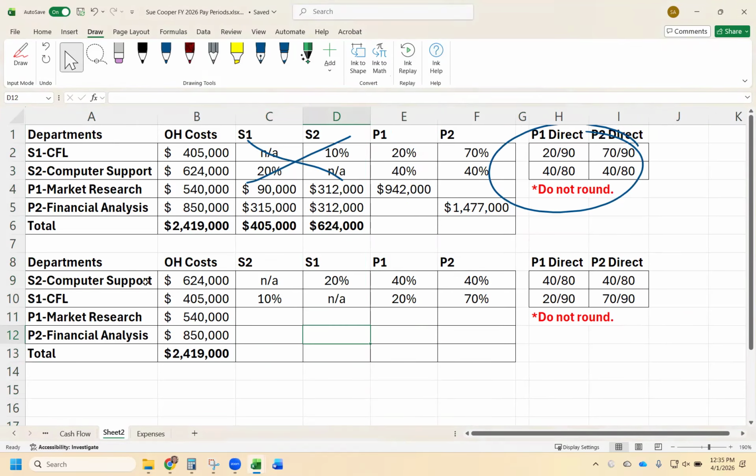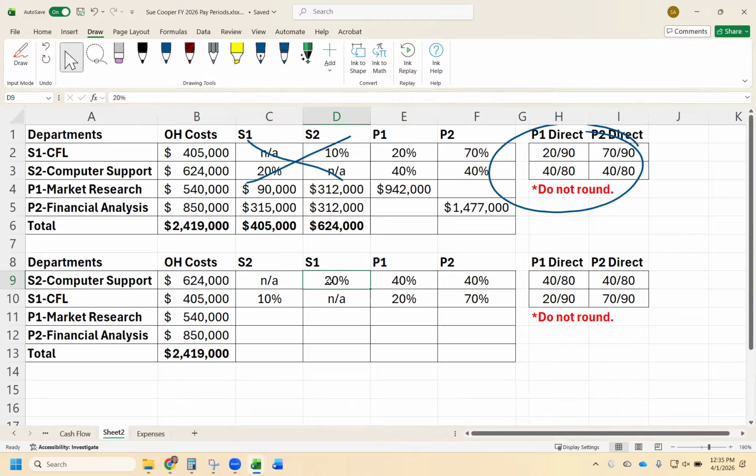So Service Center 2 sends 20% to Service Center 1. Okay, so that's right. And 40 to P1 and 40 to P2. And then Service Center 1 sends 10% to Service Center 2 and P1, P2. All right, so that is good.